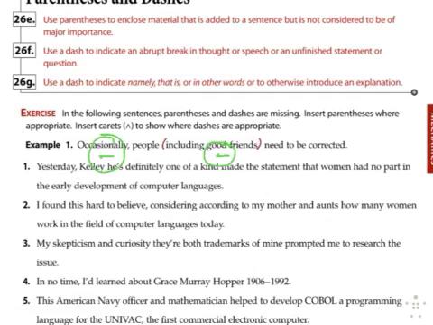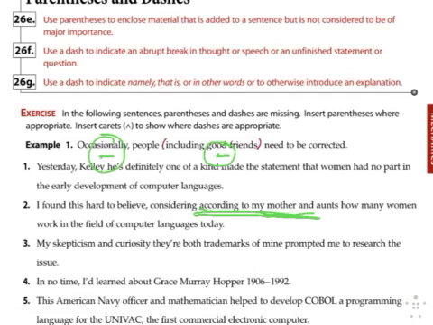For number 2, I found this hard to believe considering, according to my mother and aunts, how many women work in the field of computer languages today. So you should ask yourself, do I need to know who this is according to in order for the rest of the sentence to make sense?